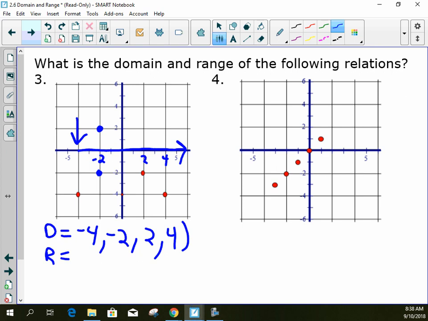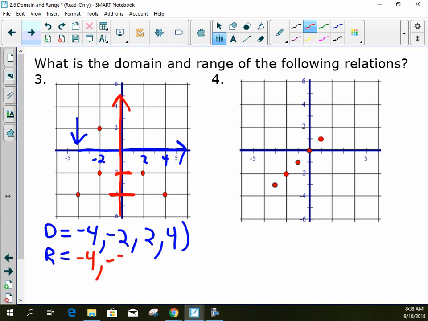Then I go for range. I start down here on my range because y is my range. And I'm going to go this way. Wherever I see a dot, that means, boom, I got a range. Do I have anything at -4? I have 2 of them. How many do I write? Do I have anything at -2?